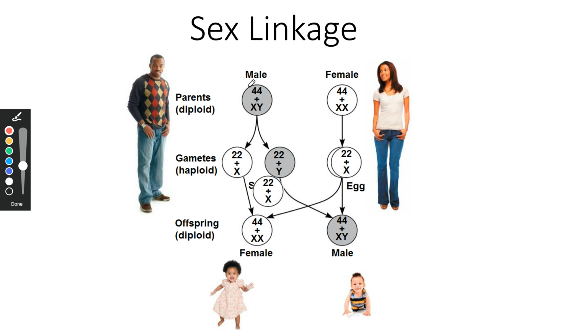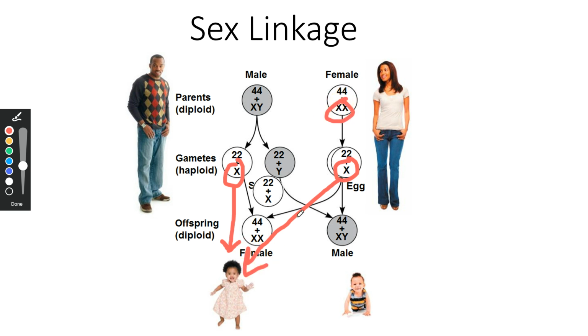So if a male and a female are going to have a child, the male could donate, as you can see here, follow the arrow, an X chromosome. If he donates the X chromosome, then they were definitely going to have a female for their offspring because the mother can only donate X chromosomes. So you remember, females are XX.